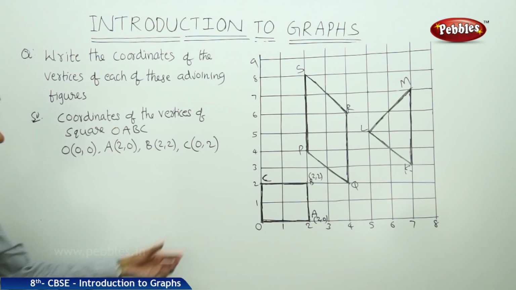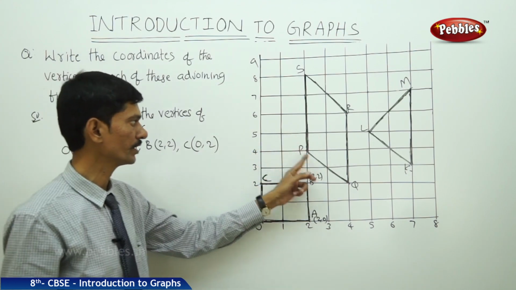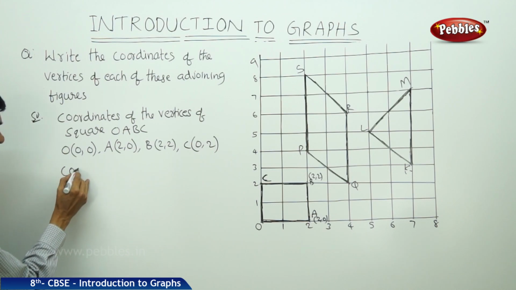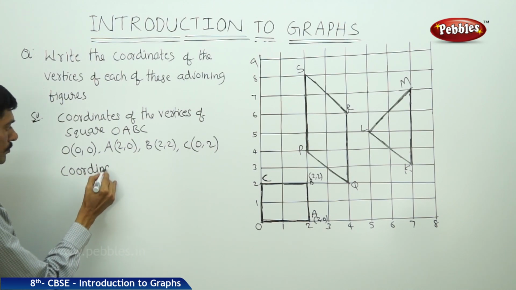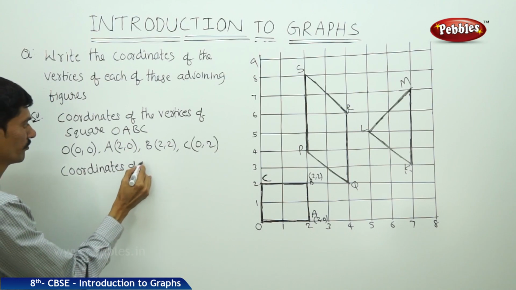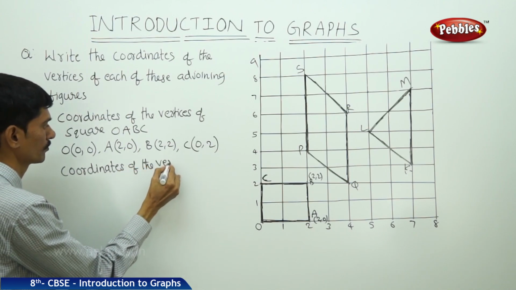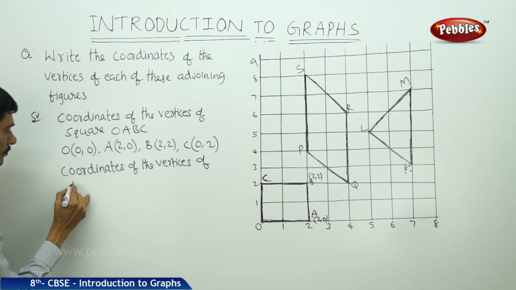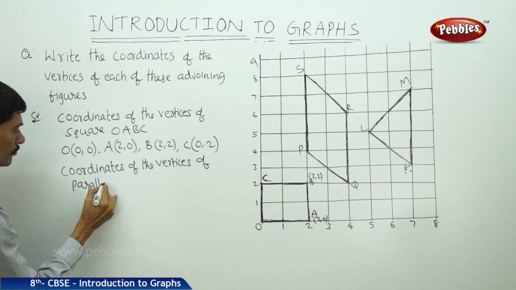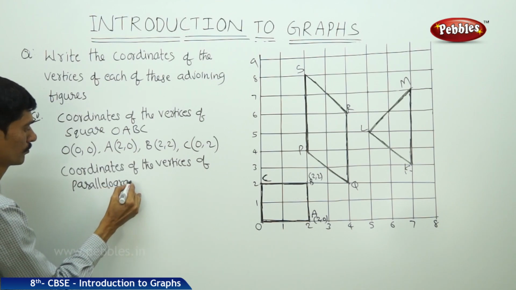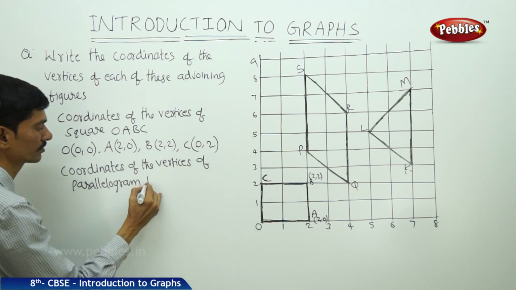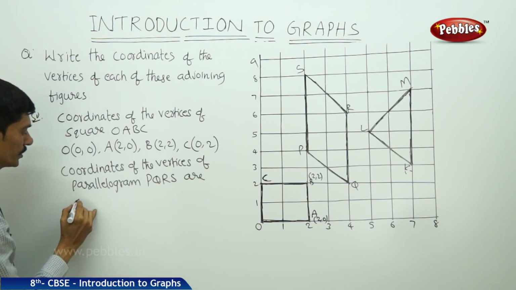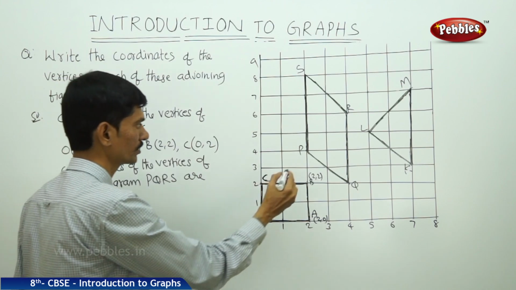Now let us take the second figure, that is the parallelogram PQRS. Now coordinates of the vertices of parallelogram PQRS are, the first point P, then what are the coordinates of P?